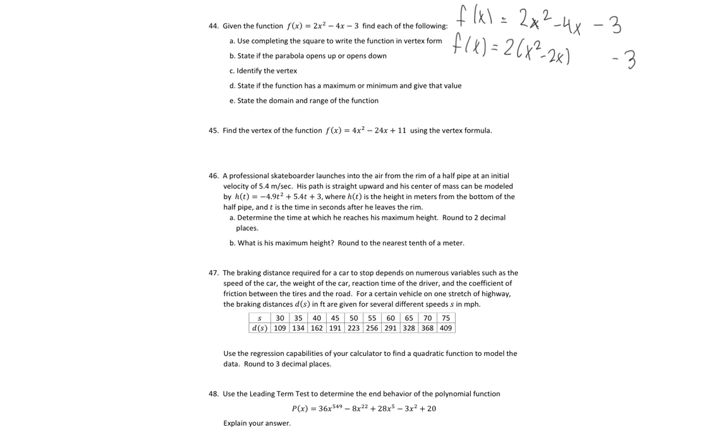Now I'm going to complete the square on the inside, so I'm going to take this number here, which is minus 2, divided by 2, get minus 1. Minus 1 squared is 1. So I'm going to add a 1 in here, and on the outside, I'm going to do something else. I'll explain it in a second. First, I'll add the 1 on the inside, 2x squared minus 2x plus 1.